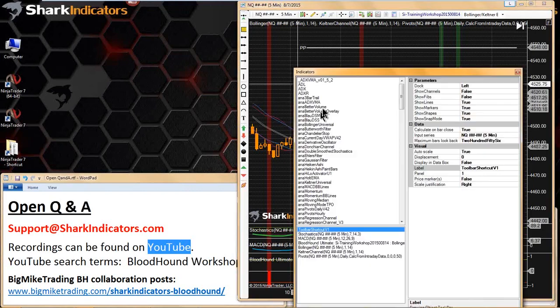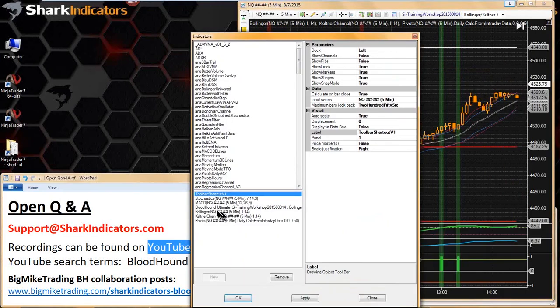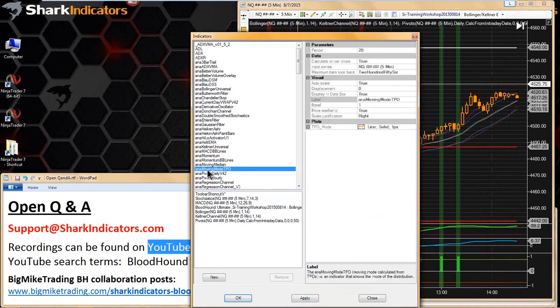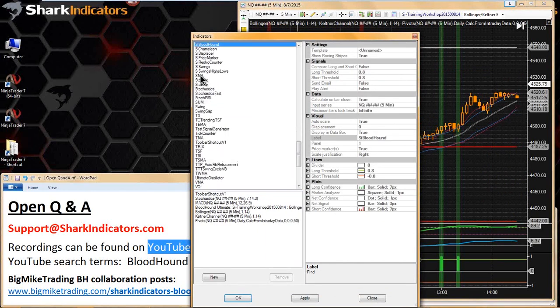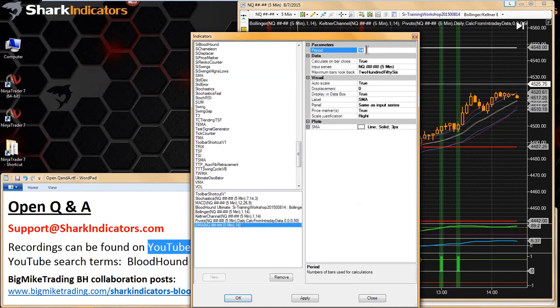So let me put that on there as well. I'll just drop an SMA on here. It's fairly common practice to use some type of a really large period moving average as your support resistance.